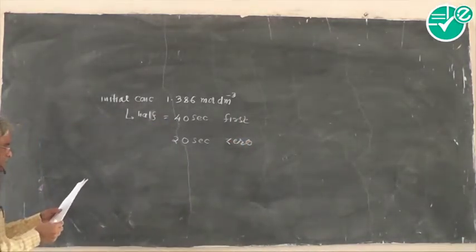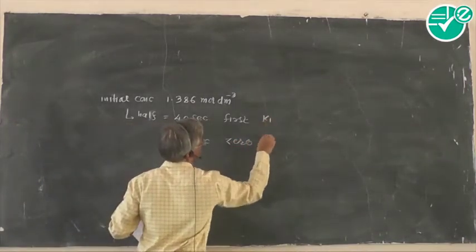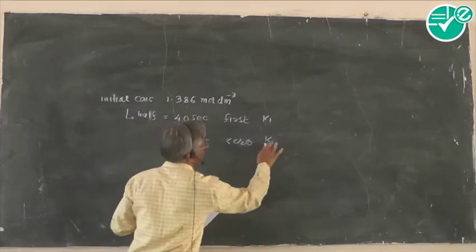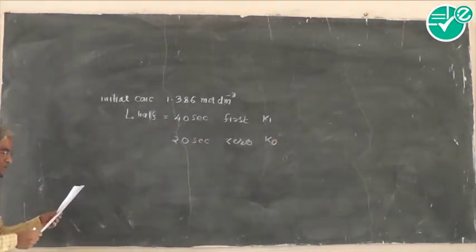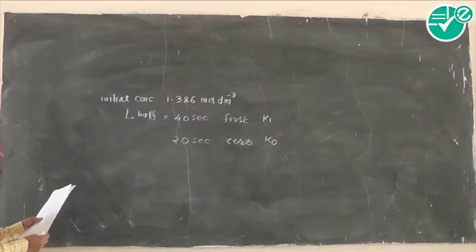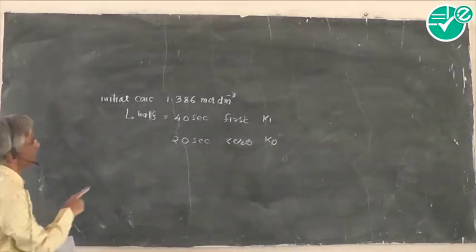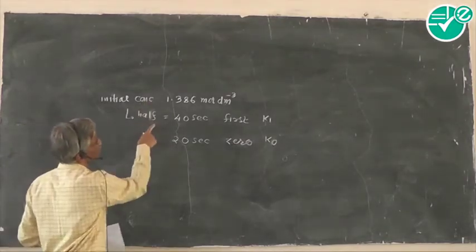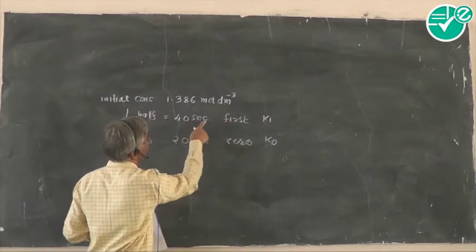Kinetics. The ratio of K1 upon K0, the rate constant of first order and zero order, is what they are asking for. That means the initial concentration is this much, and if the reaction follows first order, the rate constant will be K1 and the half-life will be this much.